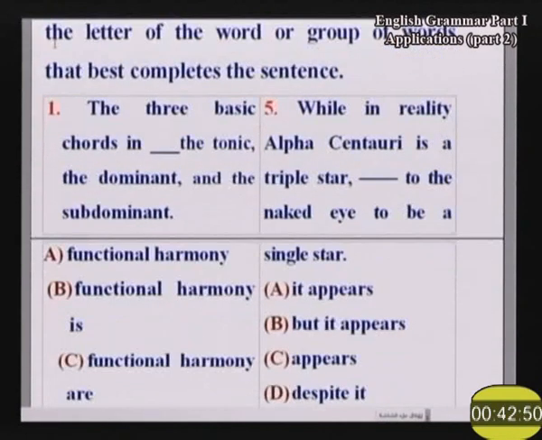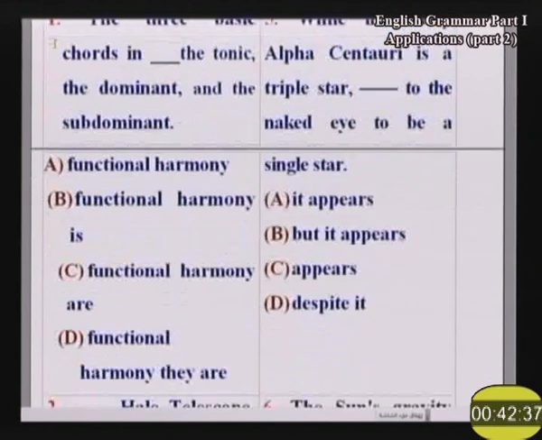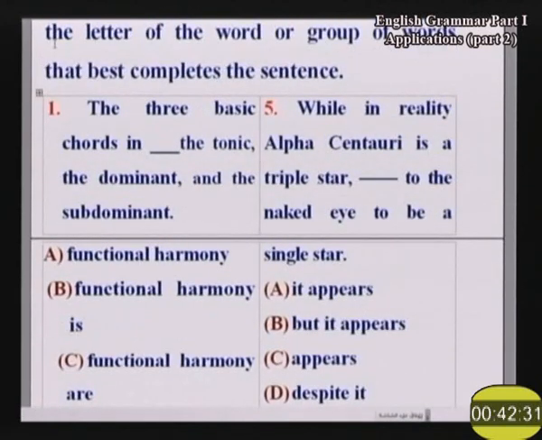Functional harmony لا, عايزة noun و verb. Functional harmony is. طيب, ده أنا بقول the three basic chords, أنا عايزة فعل يبقى جمع طبعا. يبقى functional harmony are هي دي. Functional harmony, the three basic chords in functional harmony are the tonic, the dominant, and the subdominant.